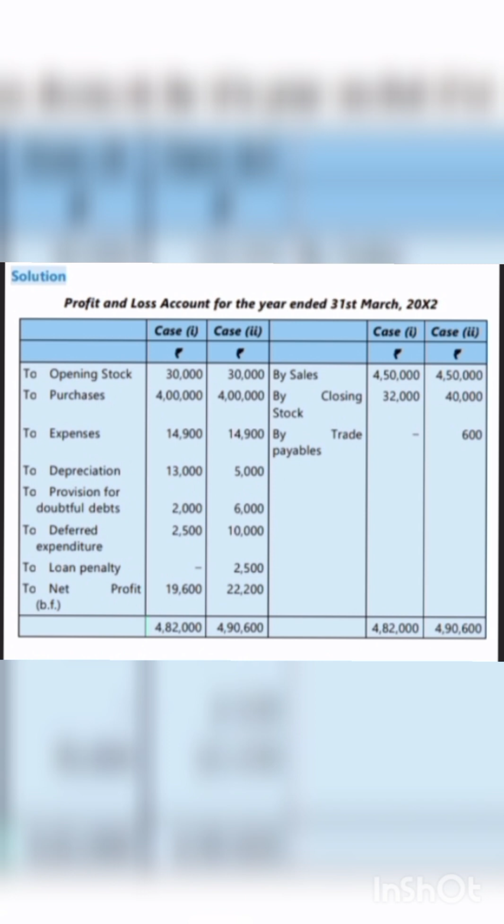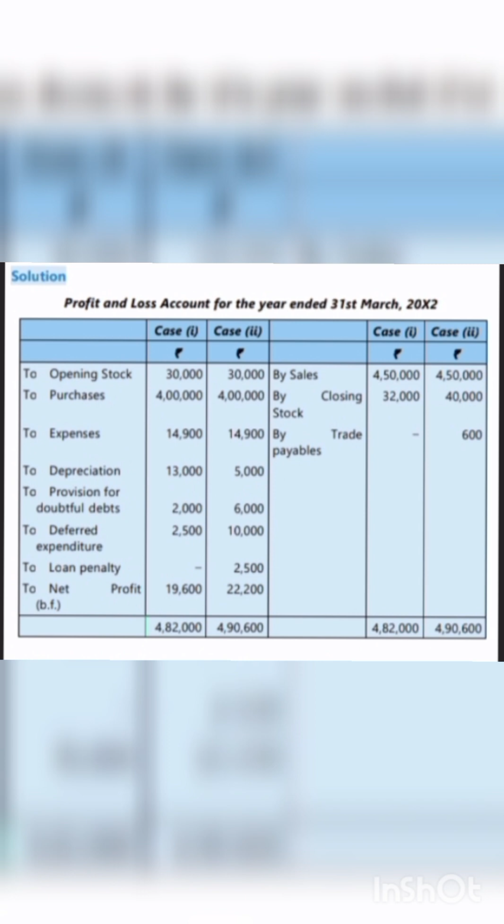22,200. The total in going concern is rupees 4,82,000 in the expense column, and also in the income column for going concern it is rupees 4,82,000. And in non-going concern, in the expense column the total is 4,90,600, and in the income column it is also rupees 4,90,600.